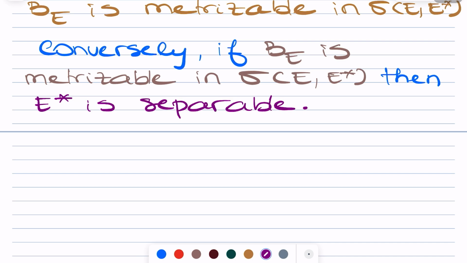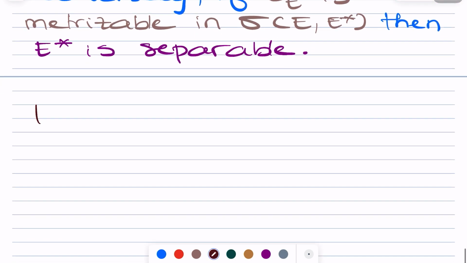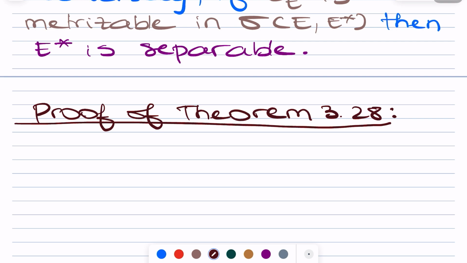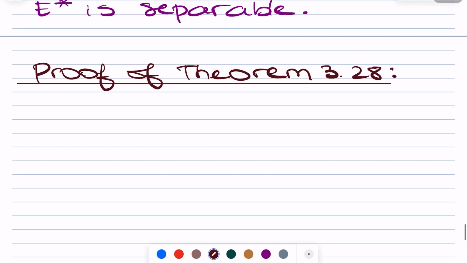Okay, good. So, first, proof of Theorem 3.28. Start with the first implication.